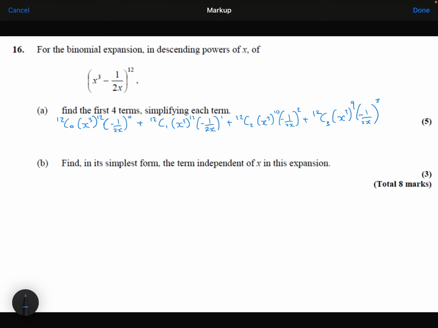12c0 is 1. (x cubed) to the power 12 would be x to the power 36.